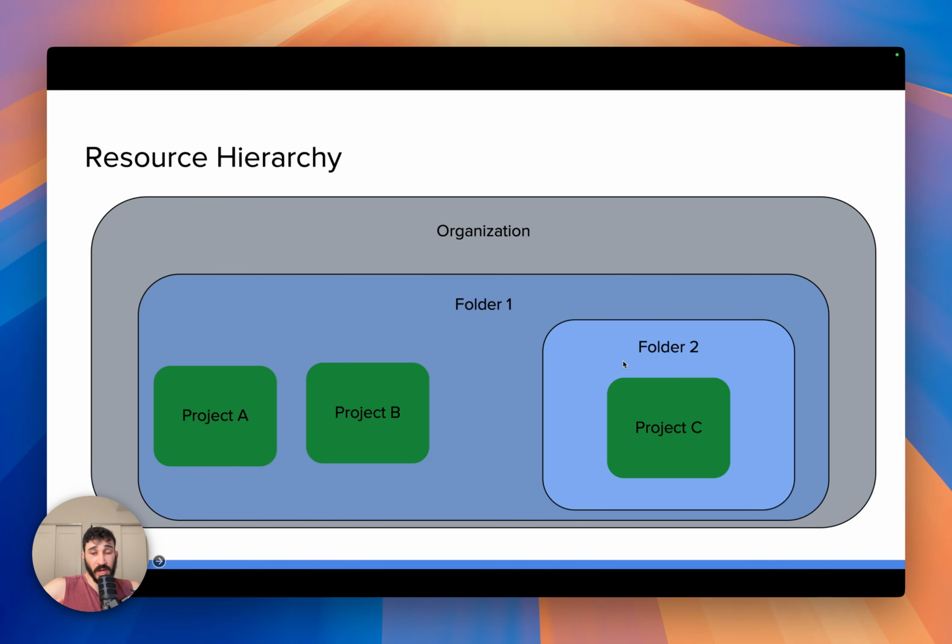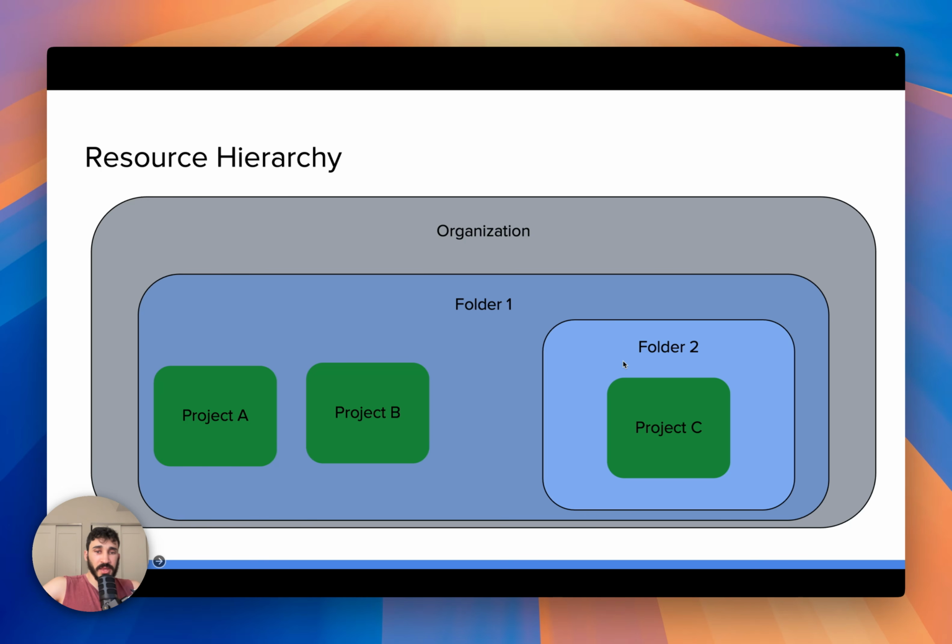So if you've ever used Google Cloud, you know that the default resource for you to be using is the project. And projects don't need to be in folders, and they don't need to be in organizations. But a lot of the time, when you use projects in a company in the real world, you have multiple projects for different teams, different things that you're building, different departments.